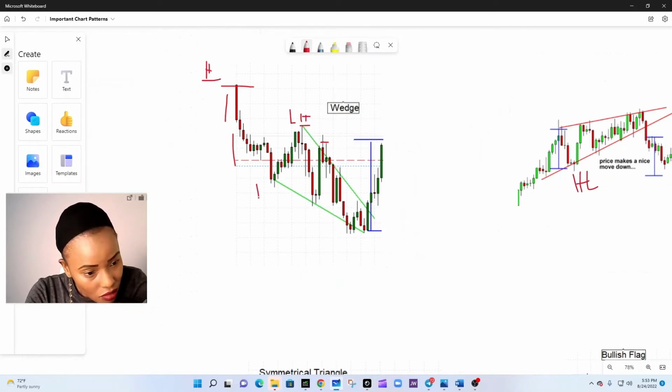As the price pushes lower and lower, if you draw two trend lines, one at the upper side and one at the lower side, touching the lower highs, this is a lower high, this is another lower high, and this one is a lower low, this is another lower low.